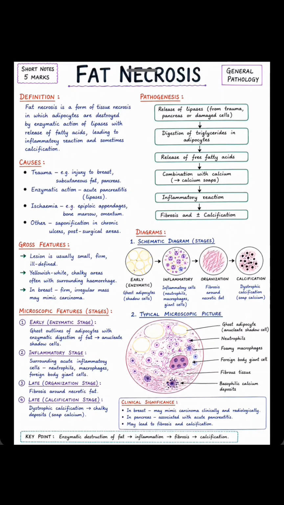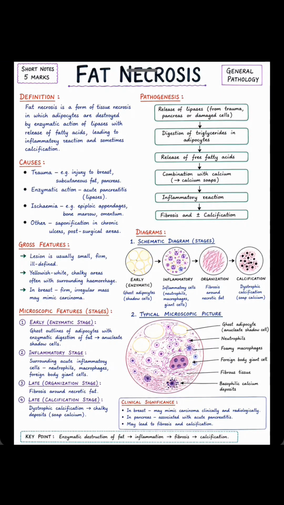These free fatty acids combine with the calcium ions in the tissue. This process is called saponification, and it literally creates calcium soaps. This triggers a localized inflammatory reaction followed by fibrosis and dystrophic calcification. This is the pathogenesis of fat necrosis.